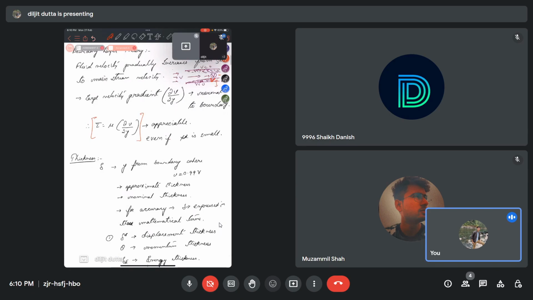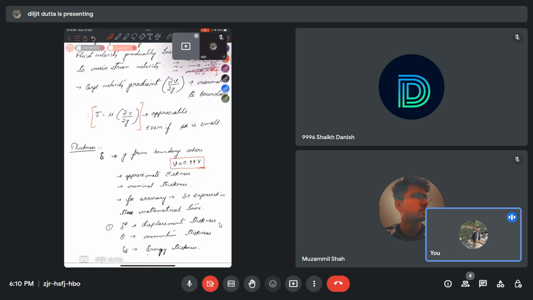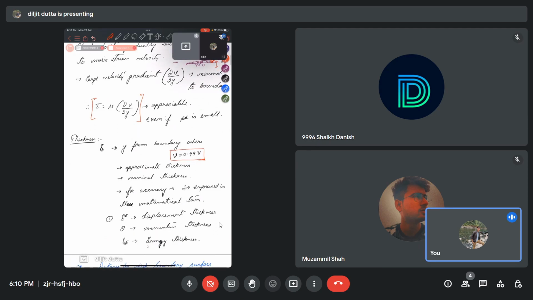So the one assumption is that the thickness delta of the boundary layer is given as the distance y from the boundary where the velocity is 0.99 of the free stream velocity. And why this is 0.99, that is also based on experiments and also based on the definitions that are given at displacement thickness and others that we will see later.